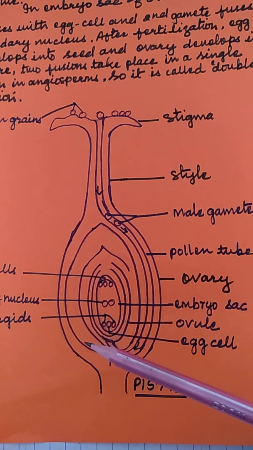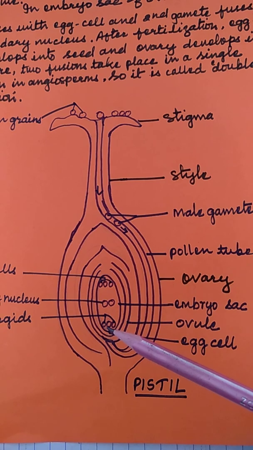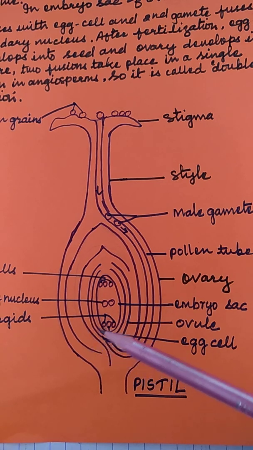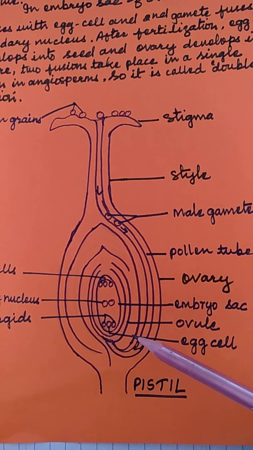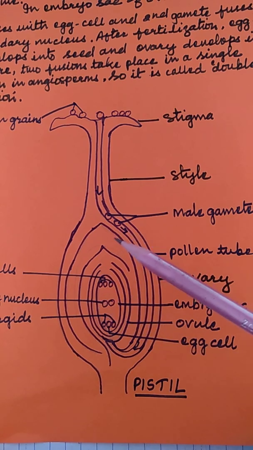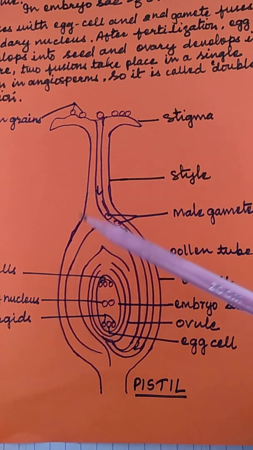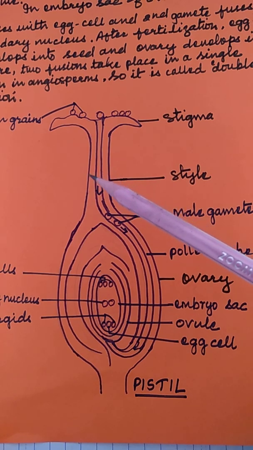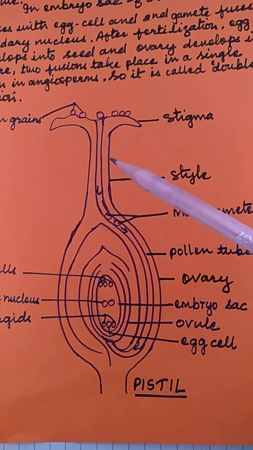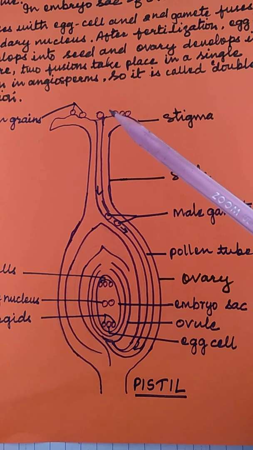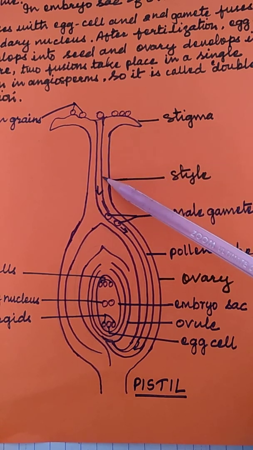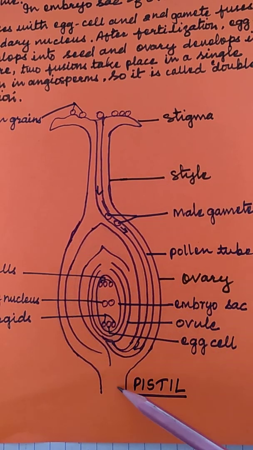Yes, the egg cell develops into a zygote first, then from the zygote it develops more and becomes a seed. Okay, so after fertilization, the remaining parts of the flower degenerate. Sepals, petals, stamens all degenerate because their function is over now, and stigma and style also degenerate, and only this part remains in the flower.